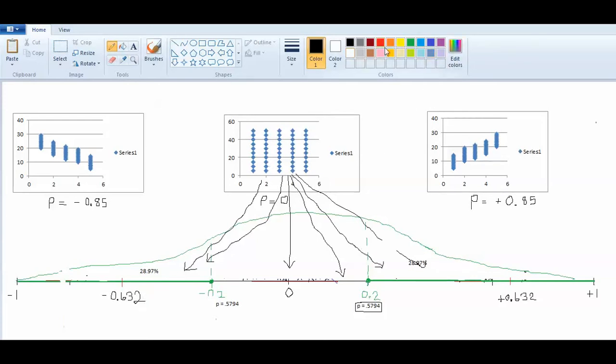And it turns out that when you keep taking more and more random samples of 10 people from a population with no correlation, roughly 2.5% will end up in this area out here, this red area, going from 0.632 to 1.